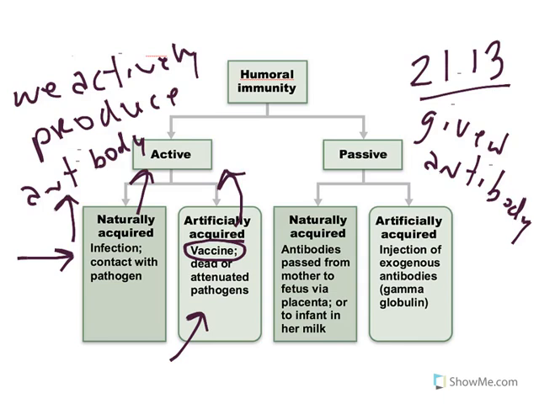A naturally acquired passive type of immunity means that we are given antibodies from our mother via the placenta, so that's obviously before birth, or after birth via breast milk. So one of the advantages of breastfeeding is passing natural acquired immunity in the form of antibodies through the breast milk.